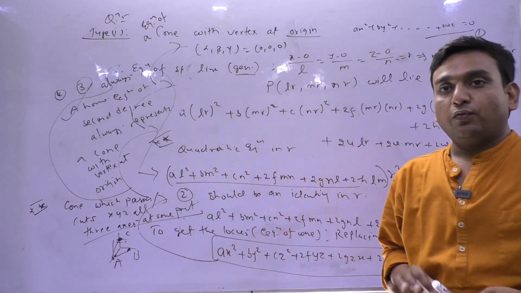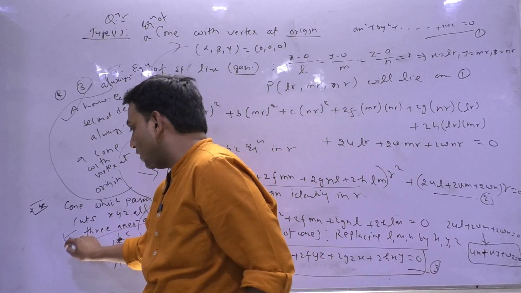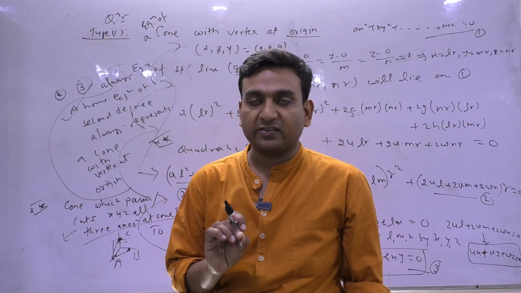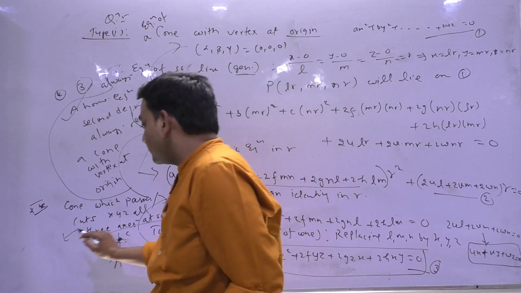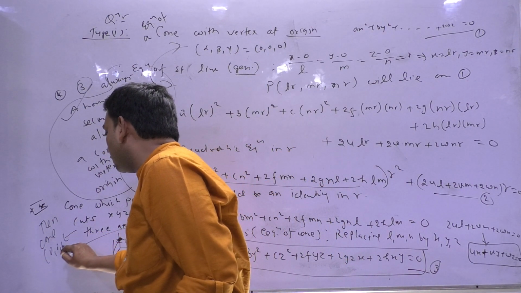Then in that case, what is said? Please do remember, if a cone cuts the 3 coordinate axes, then its vertex comes out as origin.